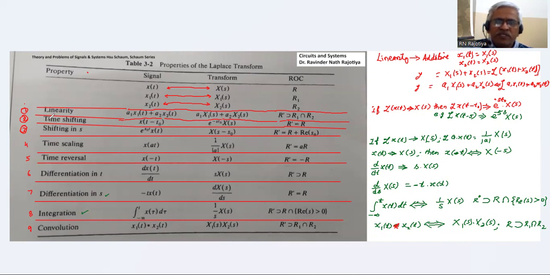Property 2 is the time shifting property. Then shifting in the s domain. Property 4, time scaling property. Then time reversal property.